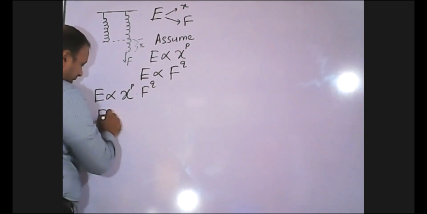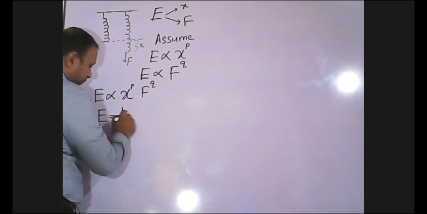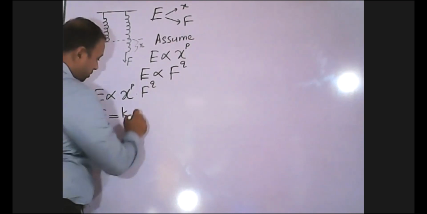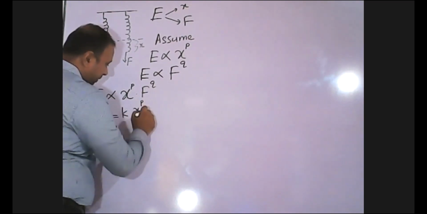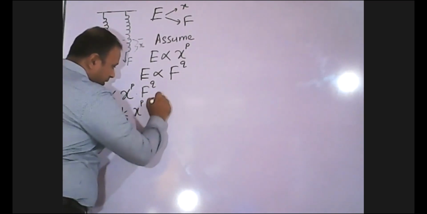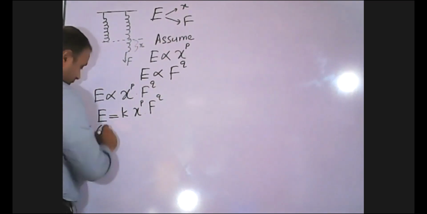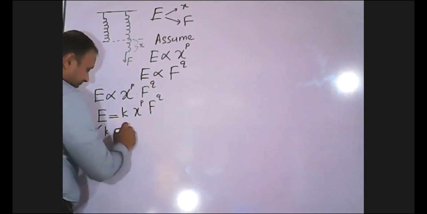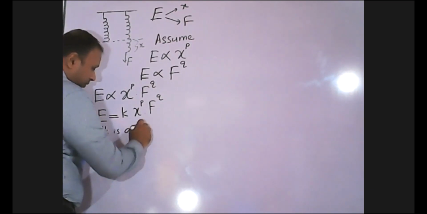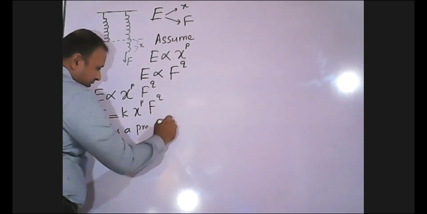I have to put a proportional constant here. So x to the power p into F to the power q. You have to write what K is. K is a proportional constant.